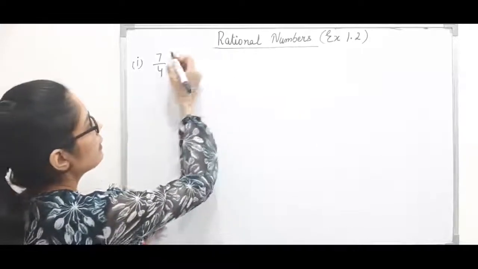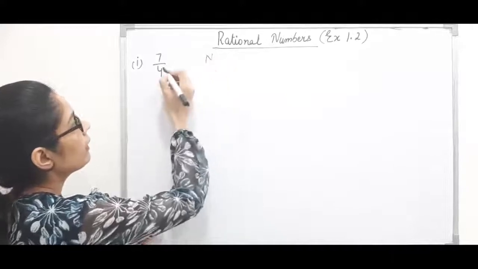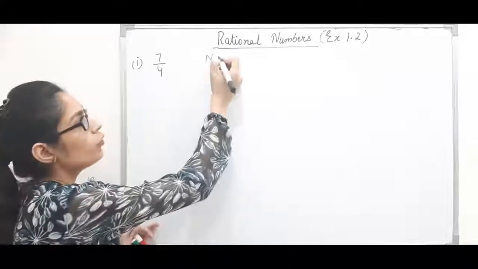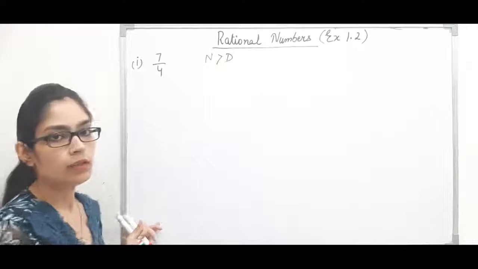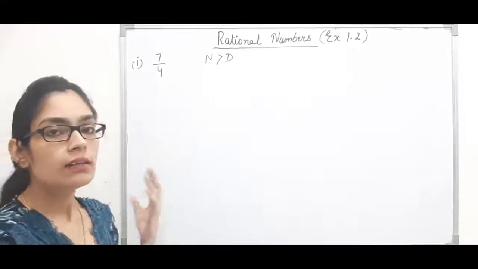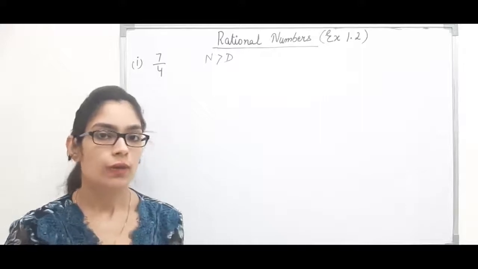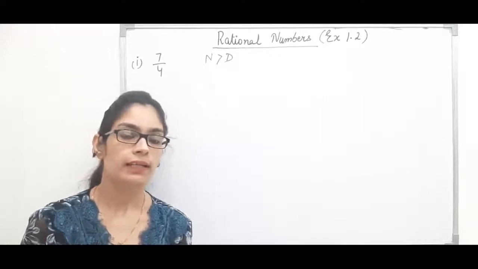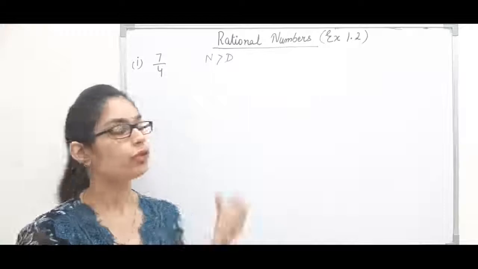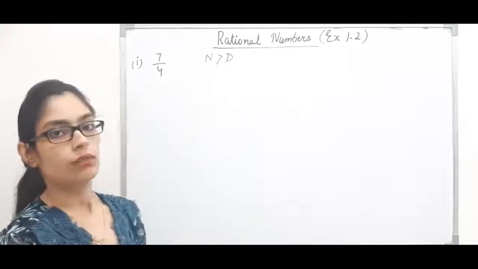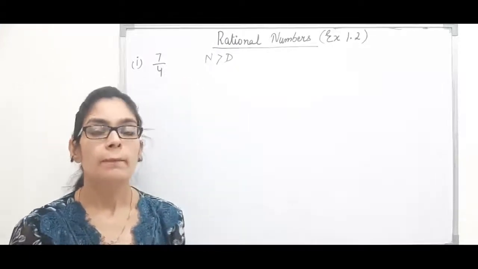I can see 7 is the numerator and it is greater than 4, which means it's greater than the denominator. So this is our third case. I have already told you, when the numerator is greater than the denominator, we have to convert this rational number into a mixed fraction.